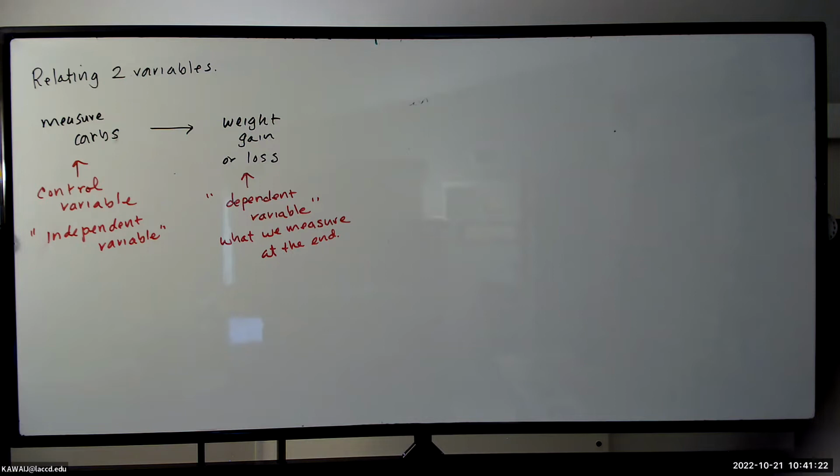Okay. So this one is tap water versus salt water. And then what you're measuring at the end is the mass. Try that one.